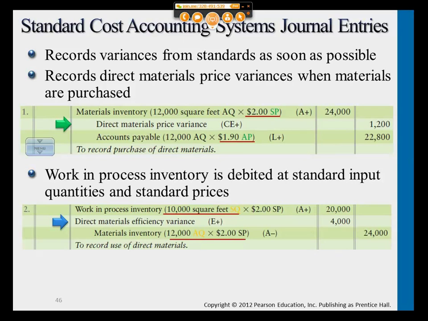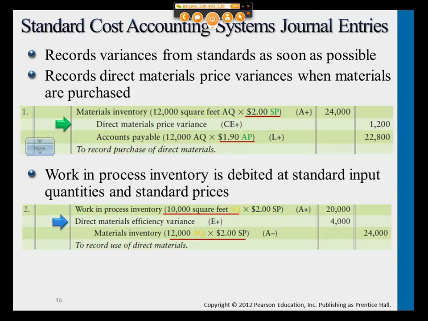So we have a direct materials price variance, which we'll put at 1,200 as a credit. If you remember, our direct materials price variance was favorable, because the actual price that we paid was less than what we budgeted. That's an example of all of that calculation that we've done.